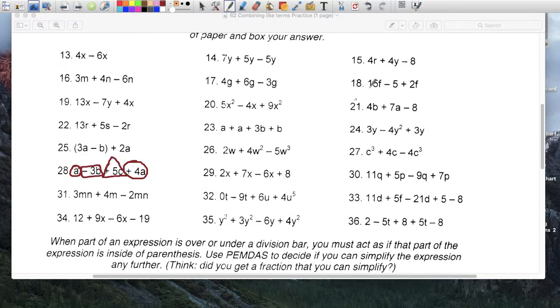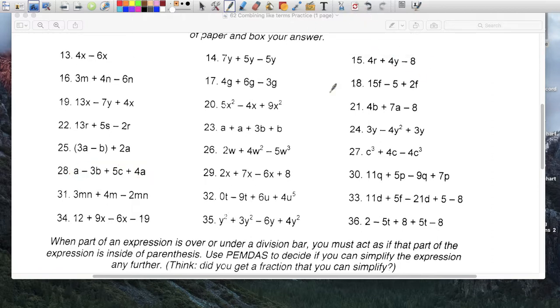We've got 3 different things going on here. So let's put the a's next to each other. So we got a plus 4a minus 3b plus 5c. I'm going to add my a's together, and again, there's a 1 over here, so 1a plus 4a is 5a. Nothing to do with the b because there's nobody else. It's minus 3b plus 5c. Final answer.